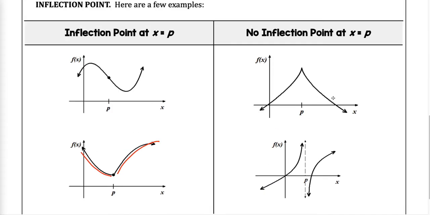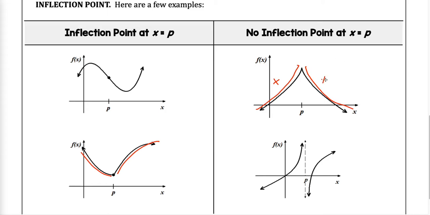Oh, do you need me to go over why this one's not an inflection point? I know we got kind of sidetracked in the middle of this. Which curvature is that? Positive, it is upwards. It makes part of a U. What curvature is this?